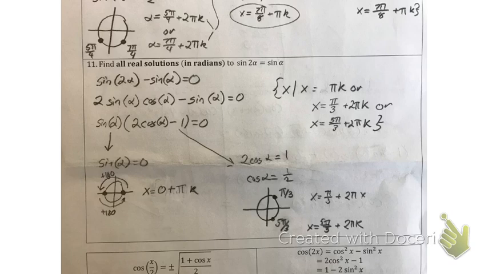So the only way you can actually do this problem is to use your double angle identity. I know we don't always use it. That is a last resort. But we have to use our double angle identity here to write 2 sine alpha cosine alpha.